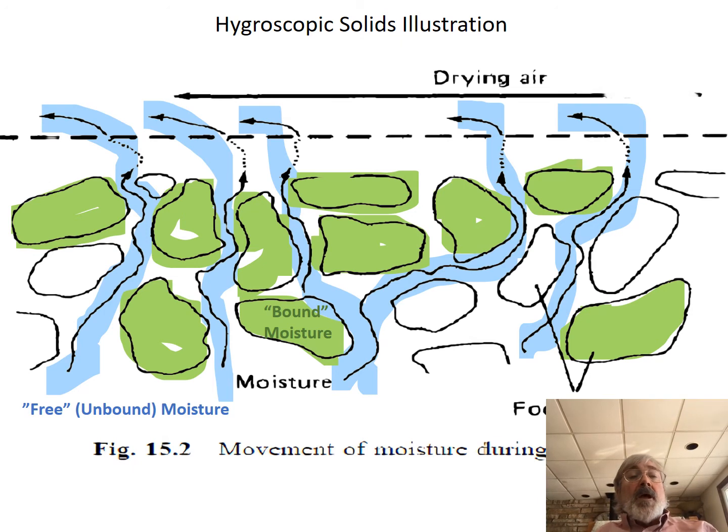But as that disappears, then you start hitting the bound moisture, and at this point, water actually has to migrate from the inside to the surface of what it's bound into, and that takes time. So bound moisture takes longer to remove than free moisture, and that's why the rate of drying curve for hygroscopic solids looks like it does.